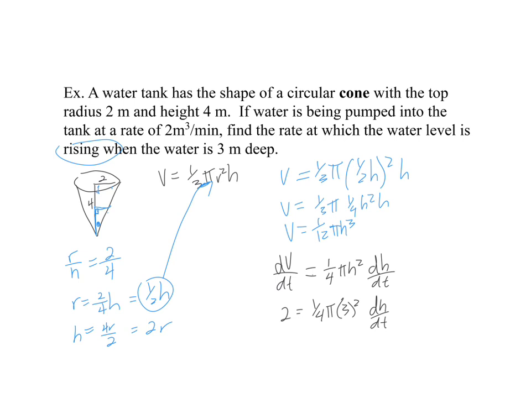If we simplify this, we get 2 equals 9/4 pi times dh/dt. If we rearrange that, dh/dt would equal 2 divided by 9/4, which is the same thing as 8 divided by 9 pi. That should be our final answer as a fraction, and we can put in our units, which would be meters per minute. So 8 divided by 9 pi is a good enough answer for that one.